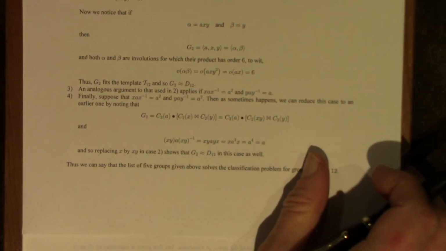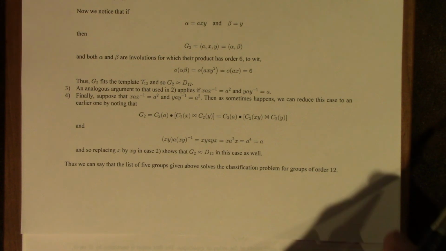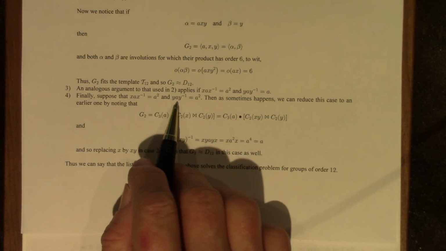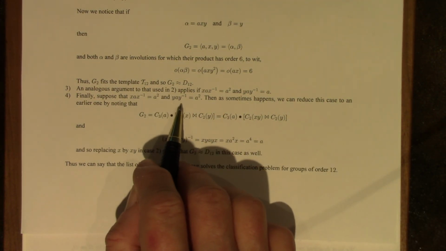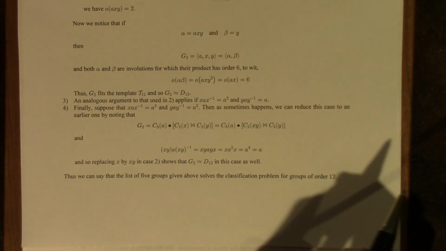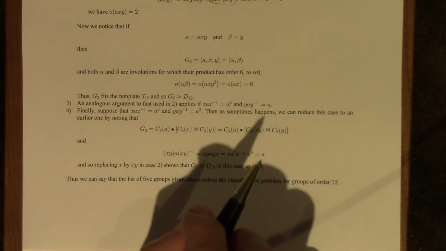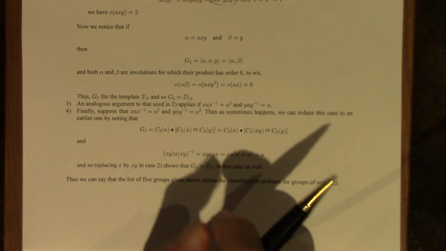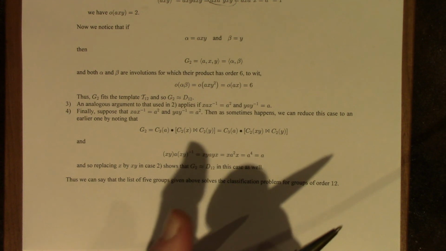Now one thing you might want to do is deal with this case in a different way. Do some hunting, just as we did for case 2. Check the orders of some elements. XY is an interesting element. It's an involution.